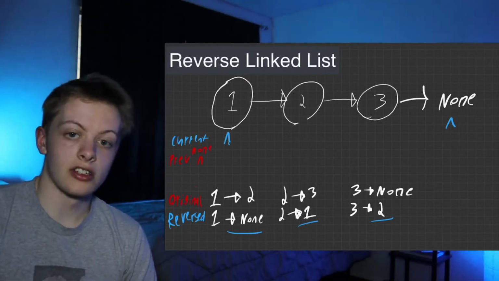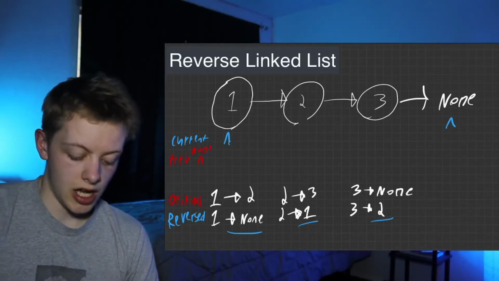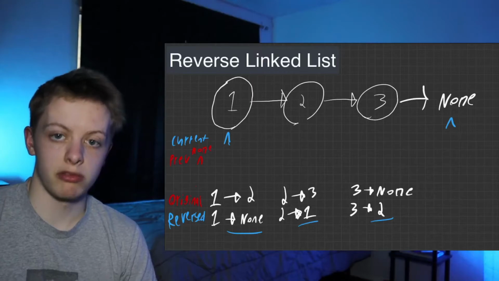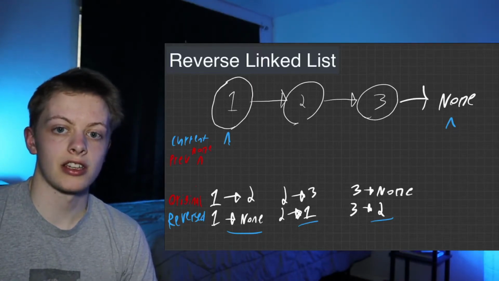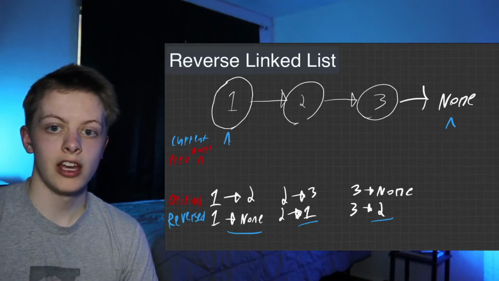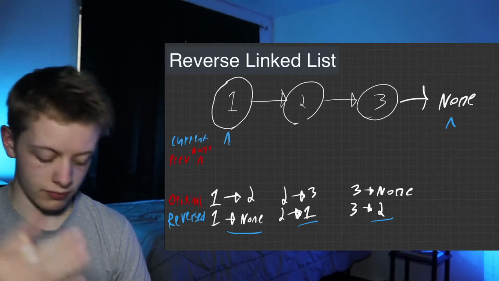So previous is always set to none at the start. In our reversed list, I erased it here, but we still have the reversed nodes on the bottom. In our reversed list, our 1 was pointing to none. If you're confused on what the reversed list looks like, I would encourage you to draw it out yourself so you can follow along that way. If you're not confused, that's great as well.